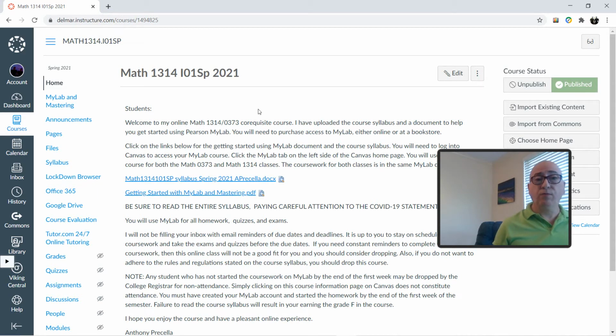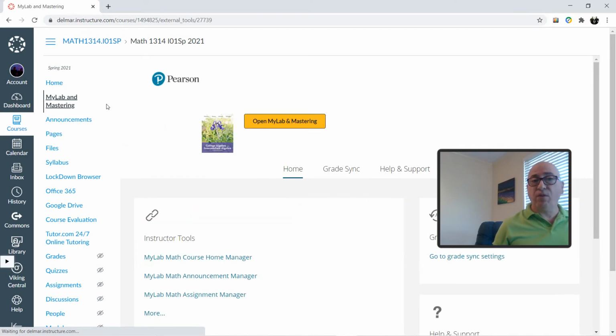Once you do, here's what the home screen looks like on Canvas. To get started with the coursework, you click on MyLab and Mastering. And when that's the first time you do it, you'll need to punch in your Pearson MyLab login if you've used it before. If not, it'll prompt you to create a Pearson login.